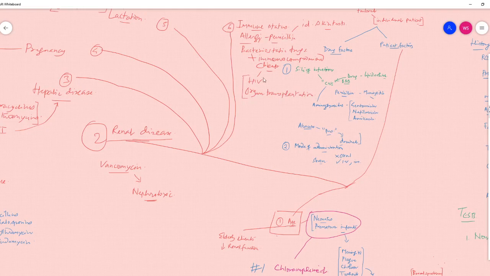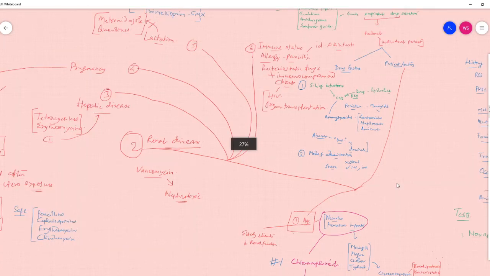In such people, we should not administer bacteriostatic drugs, because what the bacteriostatic drugs do is they stop the bacteria from dividing, and the immune system then gets rid of the bacteria which are not growing. But if the patient is immunocompromised, then the immune system cannot clear it. So the immune status is important.